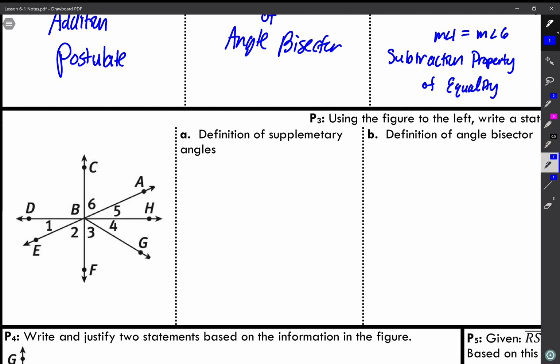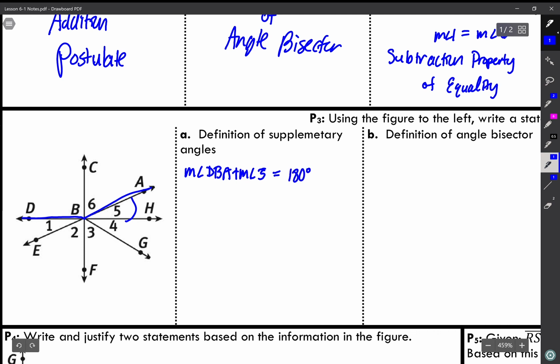Alright, so let's see, how about angle DBA and angle 5? So the measure of angle DBA plus the measure of angle 5 is equal to 180 degrees.